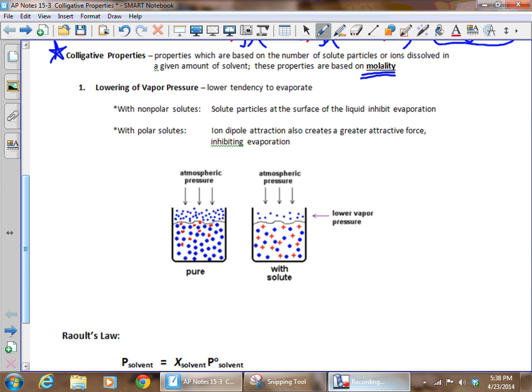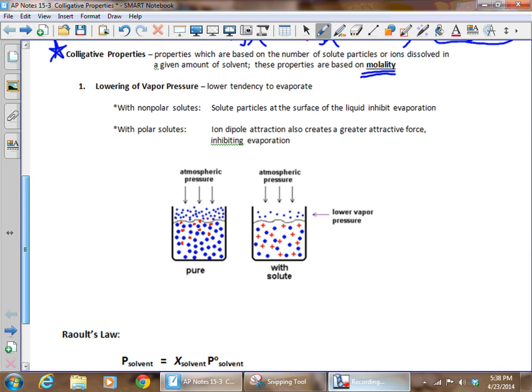Those sodium ions are going to not only get in the way of the evaporation, but they're also going to be attracting the water at the same time. So we've got kind of a double whammy thing going on. In both situations, you're going to lower that tendency to evaporate. That's the colligative property for vapor pressure.